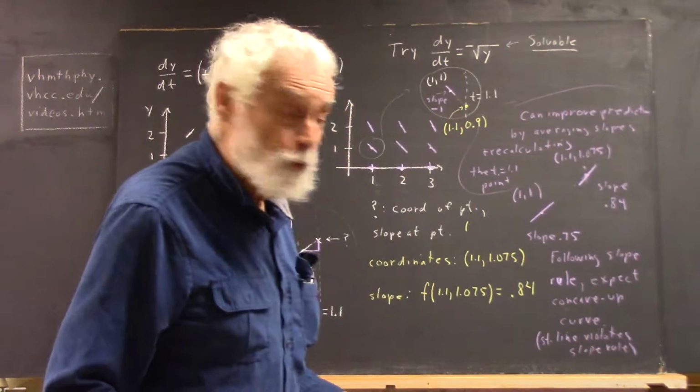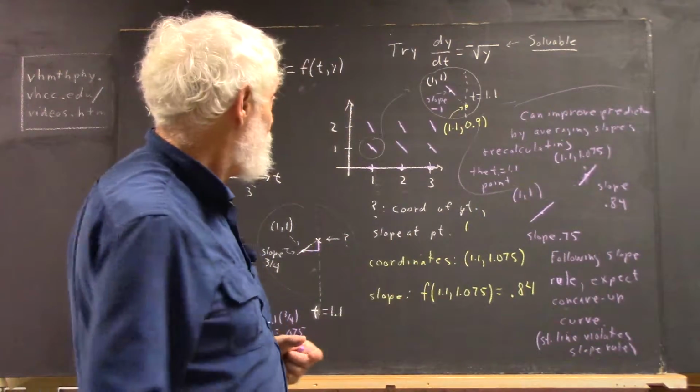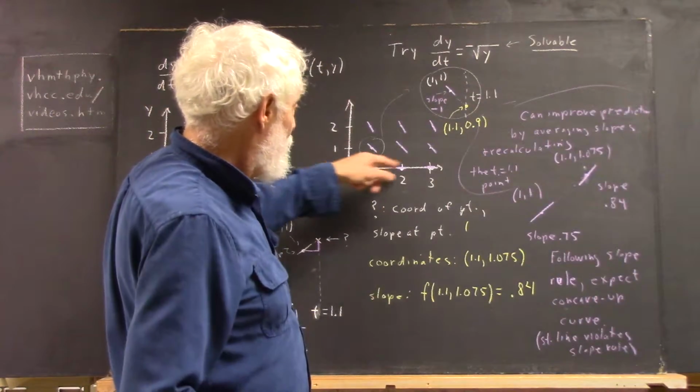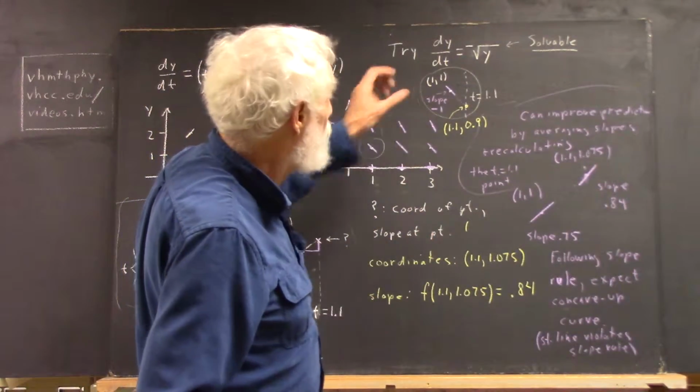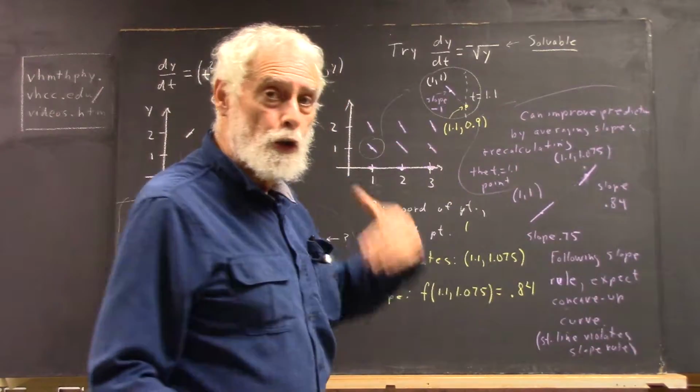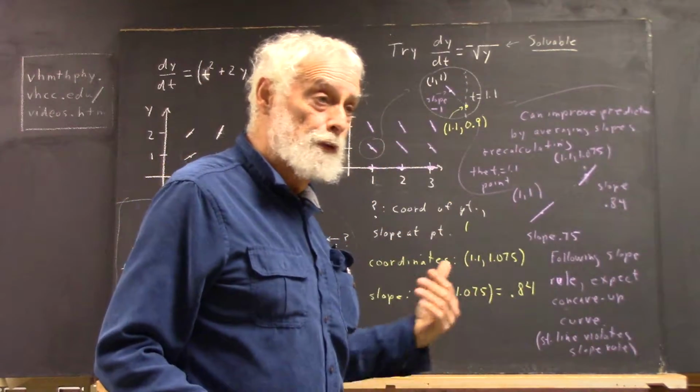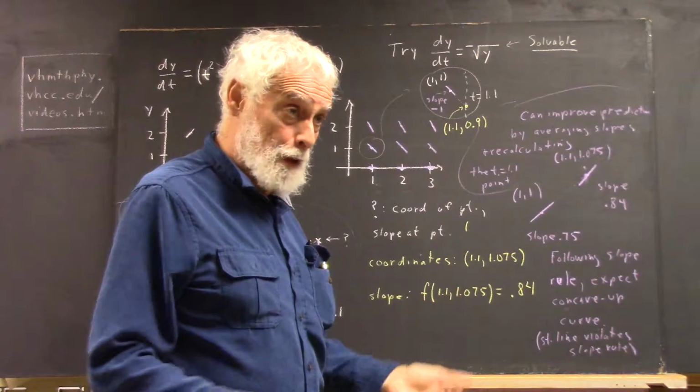Now, if you can't trick them into giving up their solutions, you can always do this with a sufficiently small increment and get a good approximation to your actual solution. Okay?